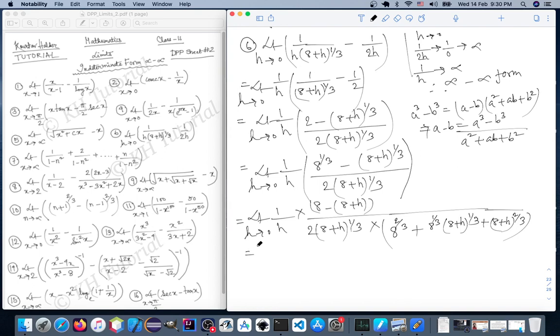So in the numerator we get 8 cancels out, we are left with h, and it will also cancel out with the h in the denominator.